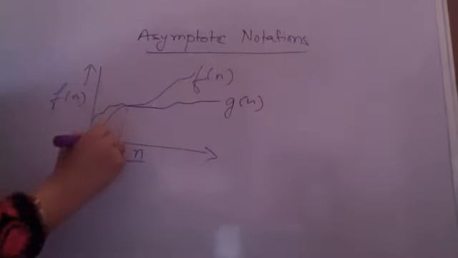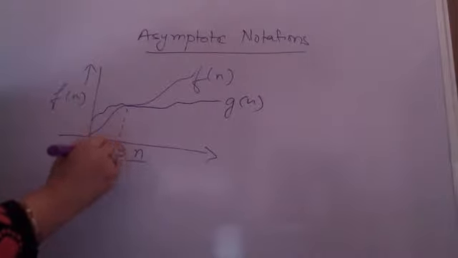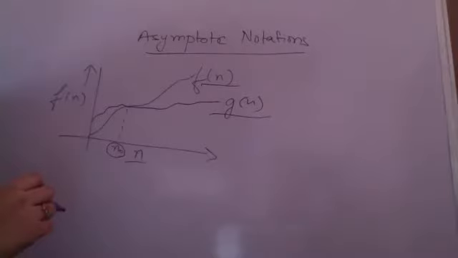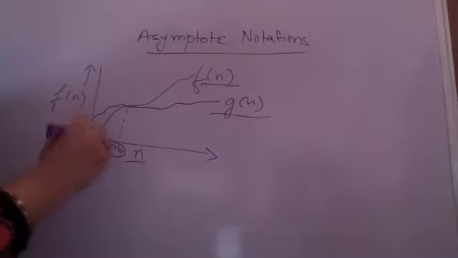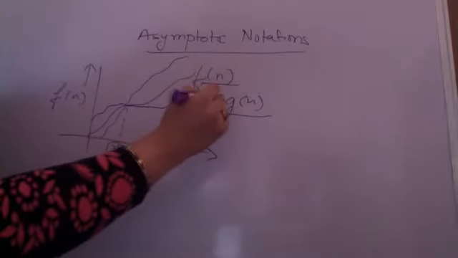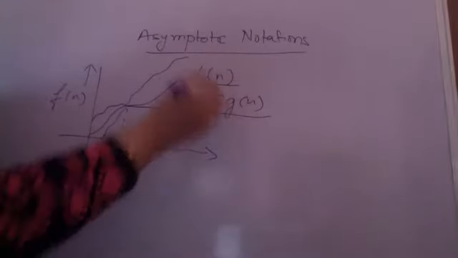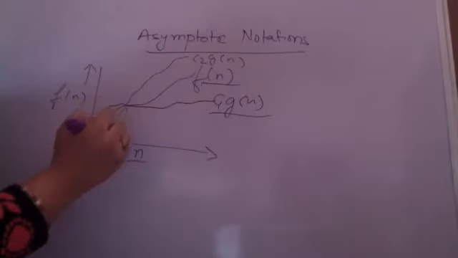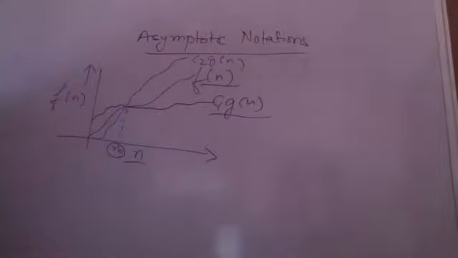So after some positive point n naught, this function is always less than f of n. Or I can also say that the same function is multiplied by some constant here and there is another constant here which I am multiplying. After the same point n naught, this function is always greater than the given function.